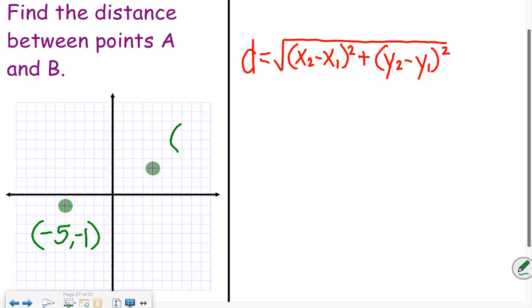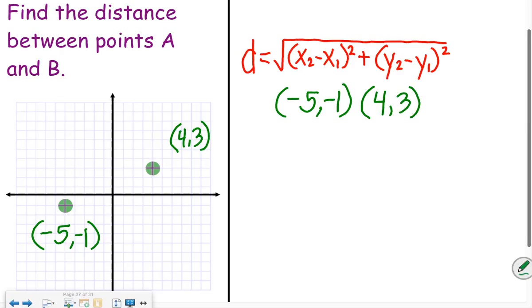And this ordered pair is 4, 3. So I'll write those both down. -5, -1, 4, 3. Label my ordered pairs, x1, y1, x2, y2.